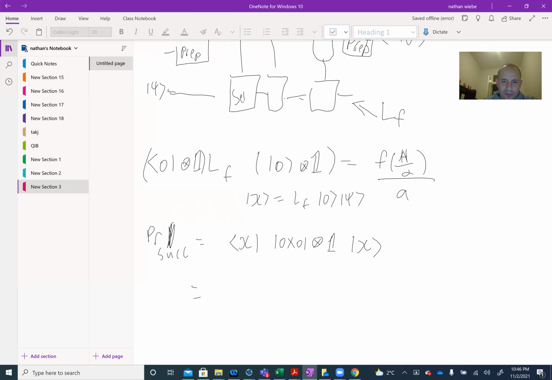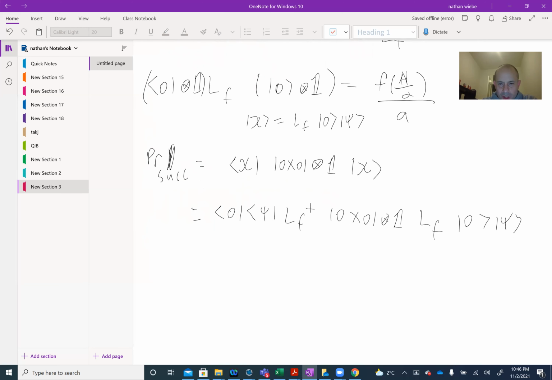But we can express this as 0 psi LF dagger 0 0 tensor identity LF 0 psi, which by definition is equal to 0 psi LF dagger 0 tensor identity, and again, I'm just factoring this as 0 tensor identity multiplied by 0 tensor identity.